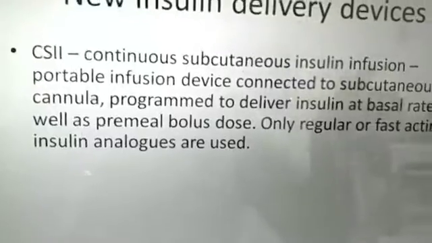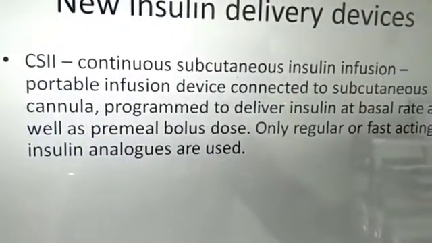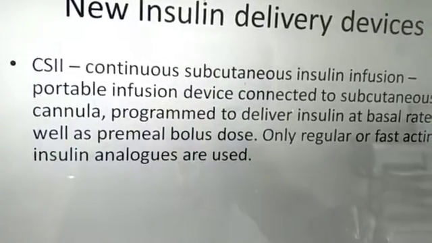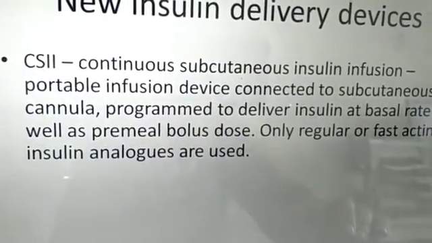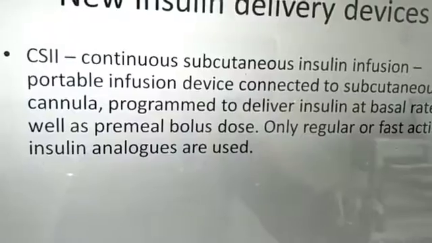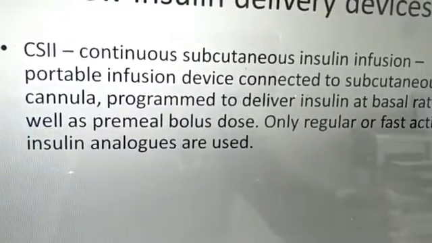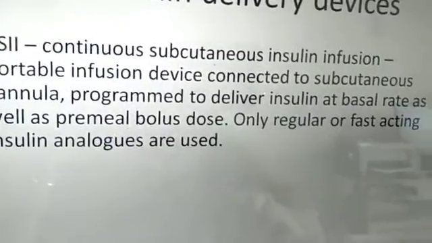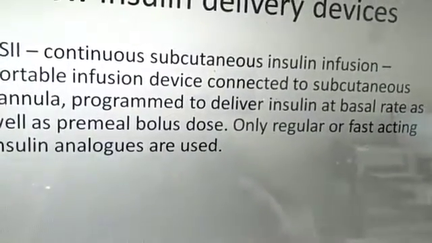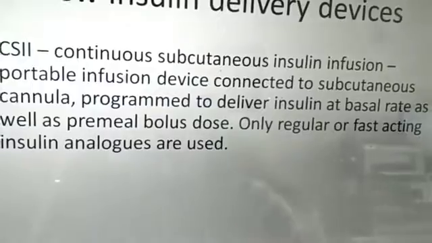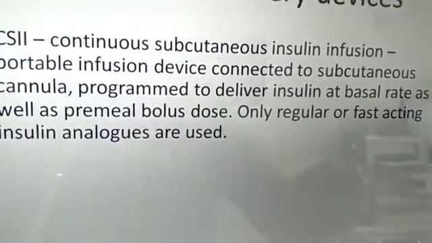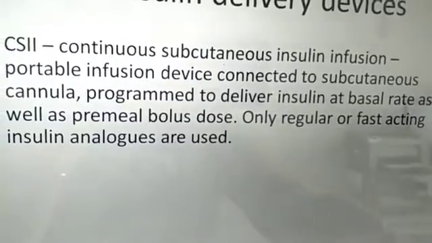There are CSII route, continuous subcutaneous insulin infusion. This uses a portable infusion device which is connected to subcutaneous cannula, and it delivers insulin at the basal rate of 1 unit per hour. As well as there are pre-meal bolus dose to control postprandial hyperglycemia.